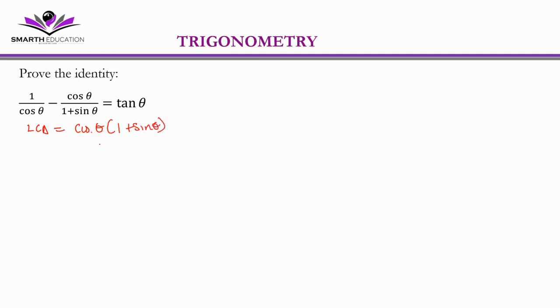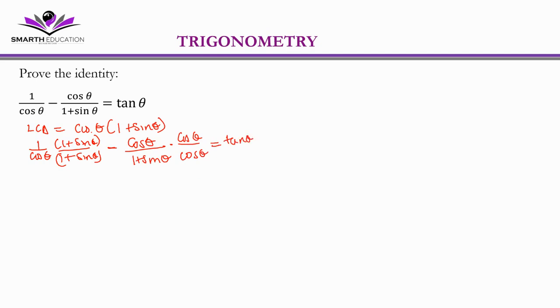So we have to multiply the fraction 1 over cos theta by 1 plus sin theta over 1 plus sin theta, then minus cos theta over 1 plus sin theta times cos theta over cos theta is equal to tan theta.